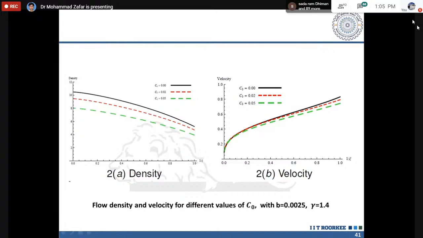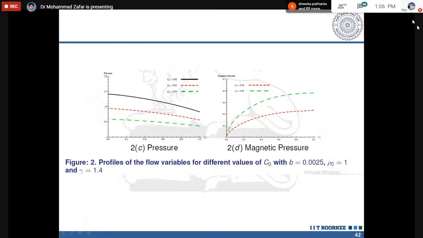When J is increasing, the density is increasing and the velocity is decreasing. Next slide. Similarly, for the pressure and magnetic pressure, the pressure is increasing and magnetic pressure is decreasing when J is increasing. And we can see the different effects of C naught from these graphs.